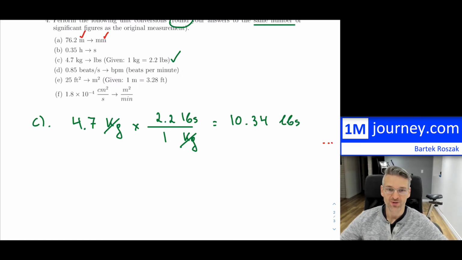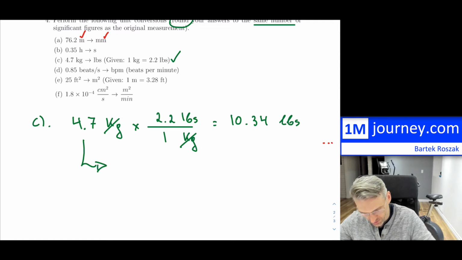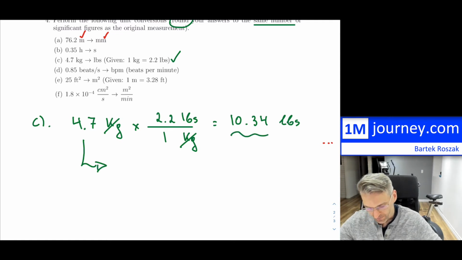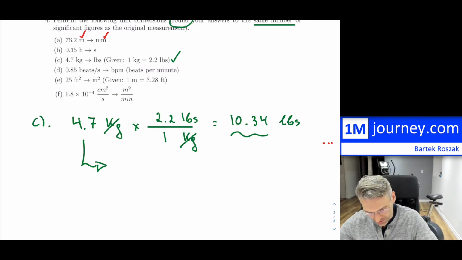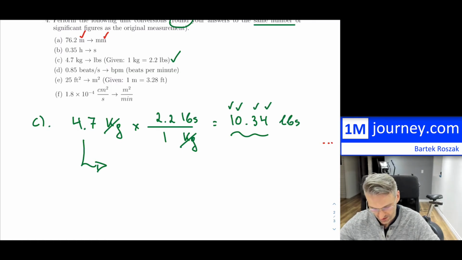And now again, if you want to be able to have 2 significant figures, well, this one's actually going to be a little tricky. Because if you want 2 significant figures, notice that currently we have 1, 2, and then 3, 4. So we have 4 significant figures.